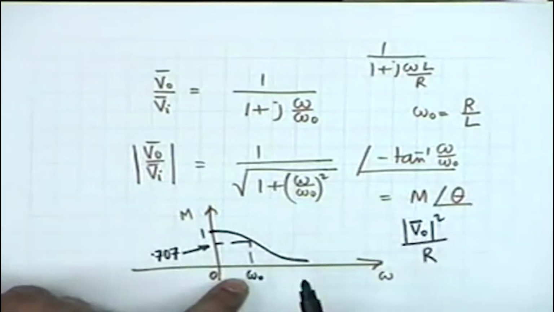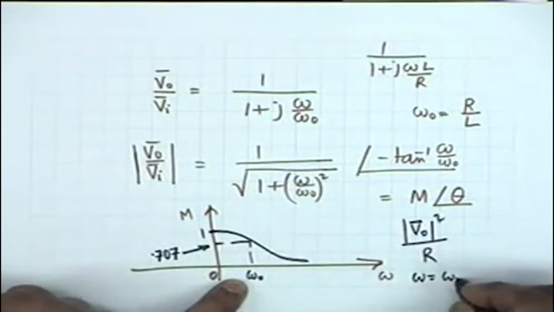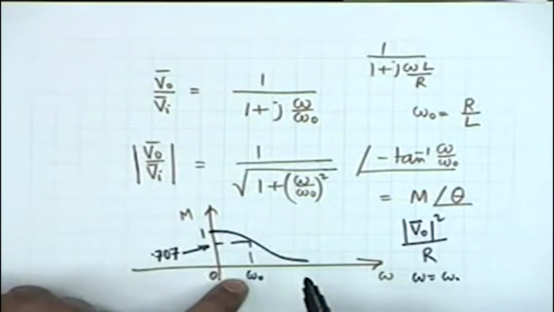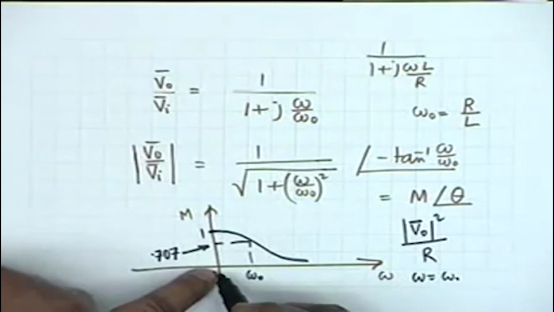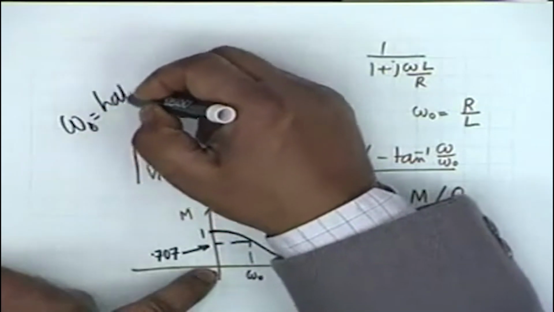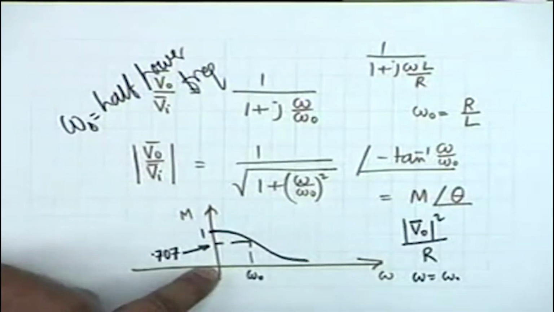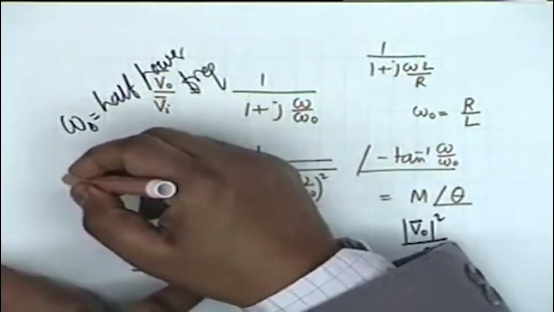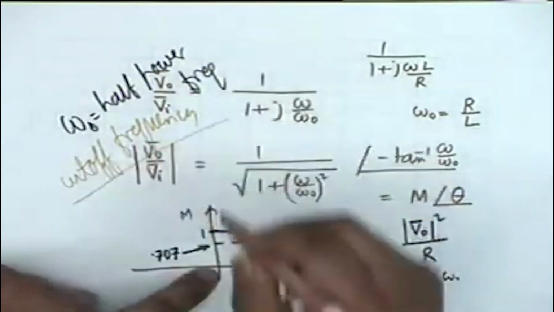Now this was equal to the input voltage at omega equal to 0. At omega equal to omega 0, the voltage magnitude has fallen by 1 by root 2. So the power has become half of the power at DC, and therefore omega 0 is given the name of half power frequency, or in popular parlance the cutoff frequency.